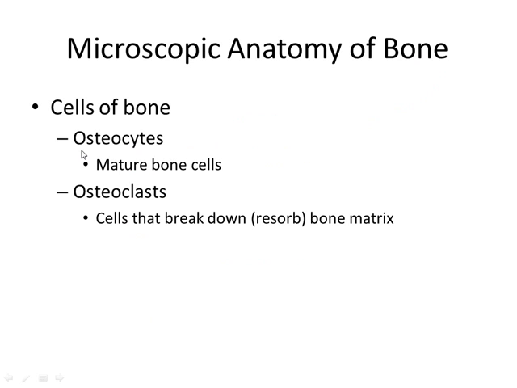You have osteocytes, which are mature bone cells, and osteoclasts are your breakdown cells. This is going to come into play when we start talking about calcium regulation. So you're going to need to memorize osteoblasts and osteoclasts.